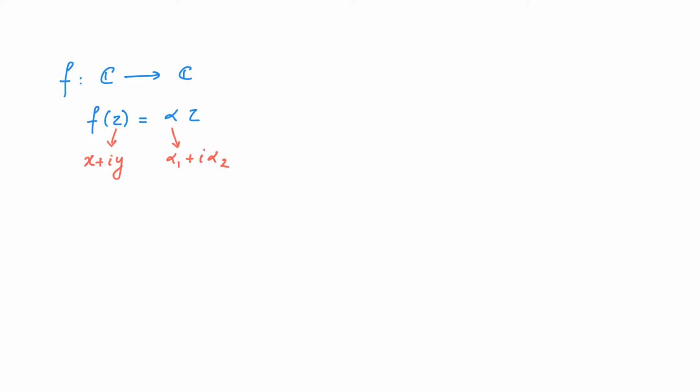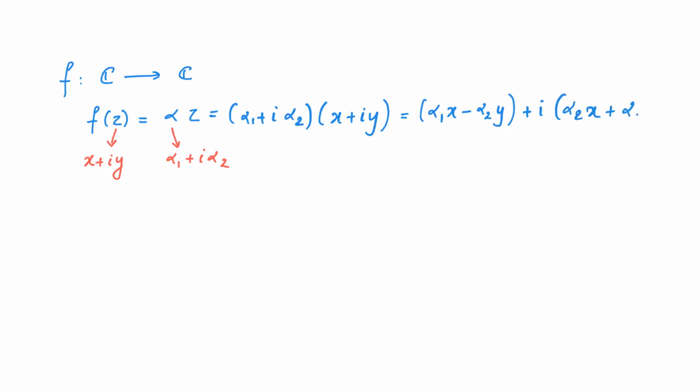Therefore, alpha times z is equal to alpha 1 plus i alpha 2 into x plus iy, which we know is equal to alpha 1 x minus alpha 2 y plus i times alpha 2 x plus alpha 1 y.